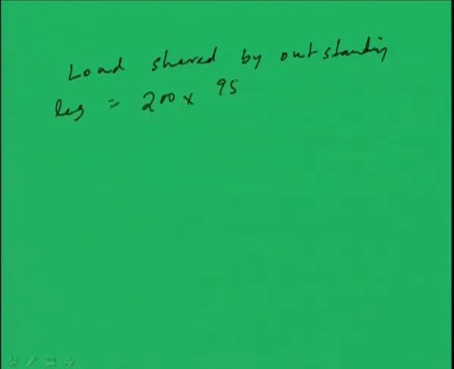So the load shared by the outstanding leg, how much will this be? 200 kilonewton is the total load. So the load share will be 200 into 0.5, so 100 kilonewton.